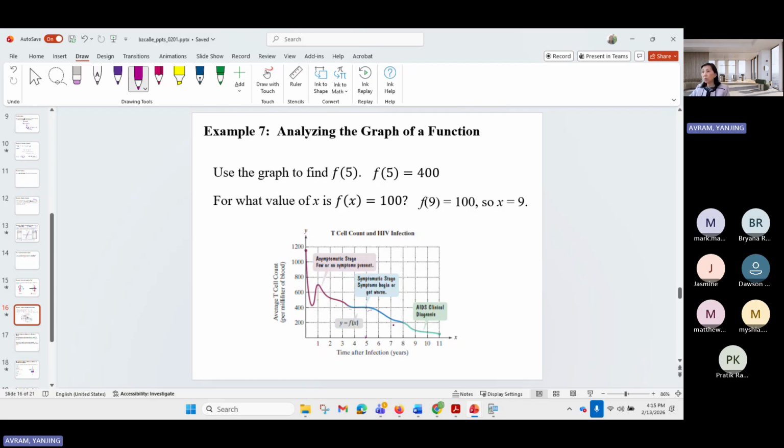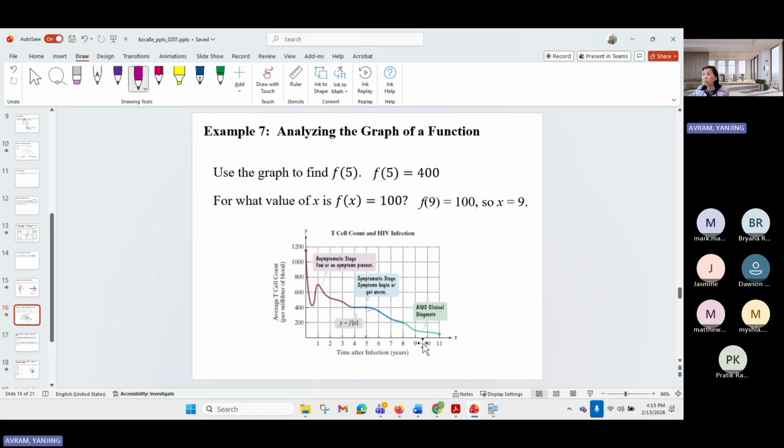All right. So this is the time after infection in years, right? So after the infection, after 5 years, you can see the average T cell count, whatever the T cells do, trying to fight the infection. All right, so the y value is 400, 400 in a blood count.